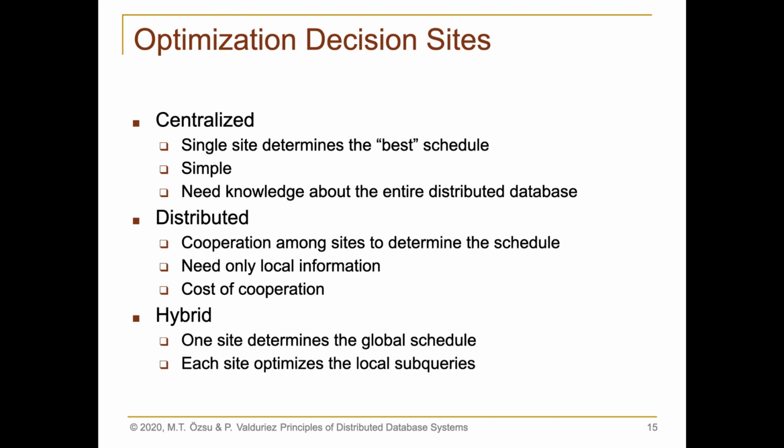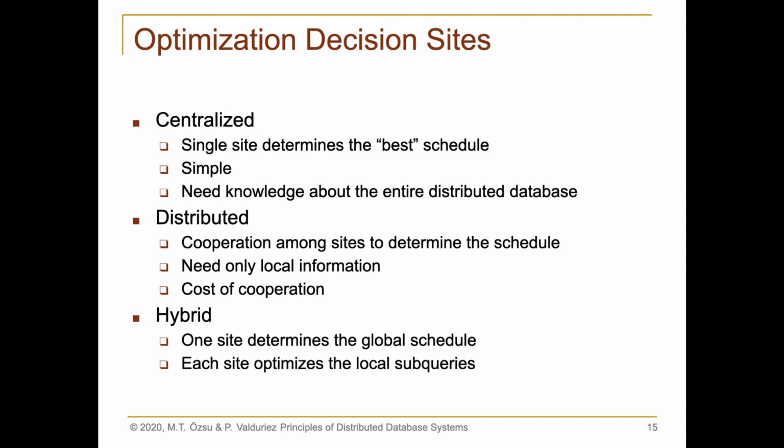We can also further discuss query optimization based on the varieties in decision sites. Query could be optimized centrally, so we call it centralized query optimization. In this type of query optimization, a single site determines the best schedule.